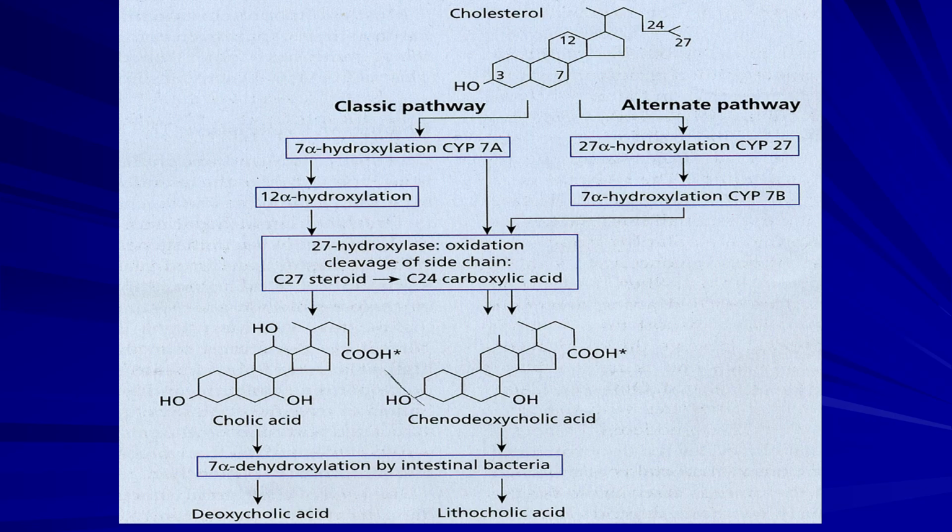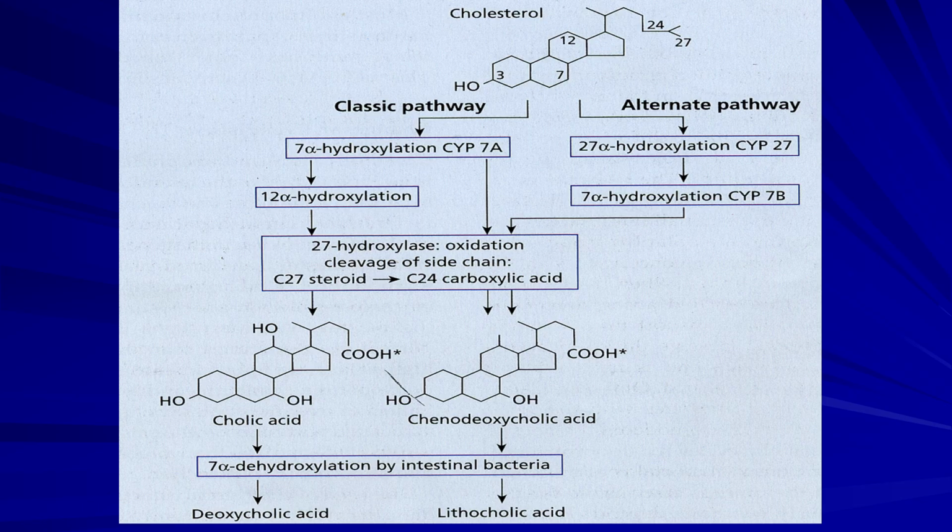Bile acids are synthesized from cholesterol, and the rate-limiting step in that synthesis is an enzyme called 7-alpha hydroxylase. You initially make what we call primary bile acids, which are cholic acid and chenodeoxycholic acid, and you secrete them as part of the solutes in bile.